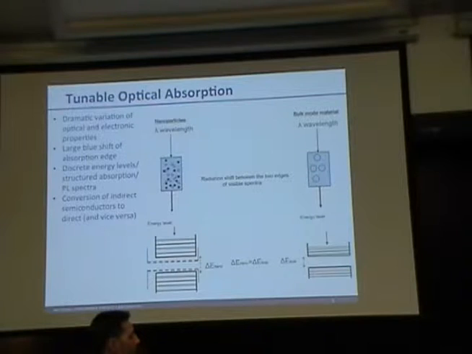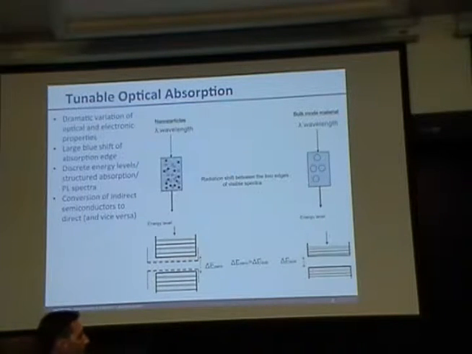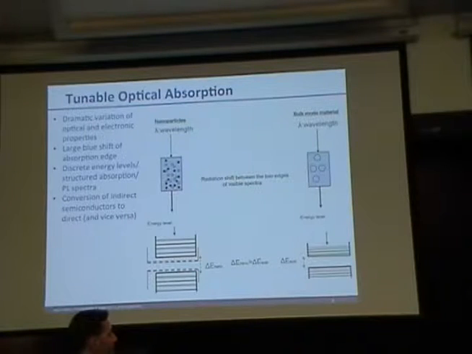We go from a situation in semiconductors where we have bands, and so the energy levels are all pushed together, whereas in nanoparticles in particular, and all other nanomaterials, the energy levels become discrete, more like molecular systems. Finally, it's been shown that you can also convert indirect semiconductors into direct semiconductors, and vice versa.